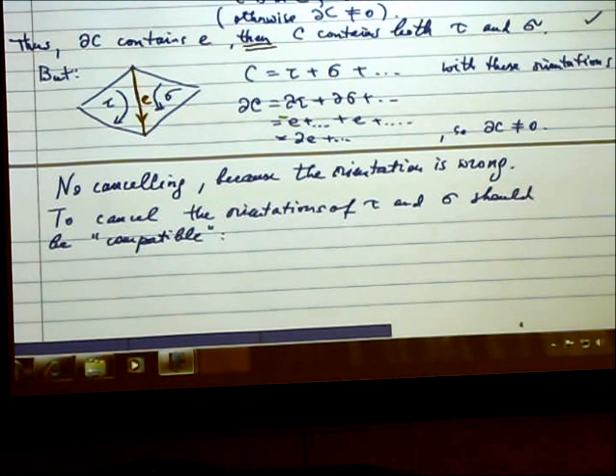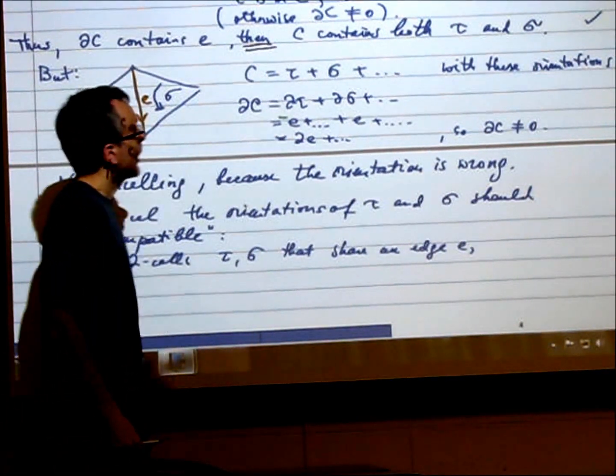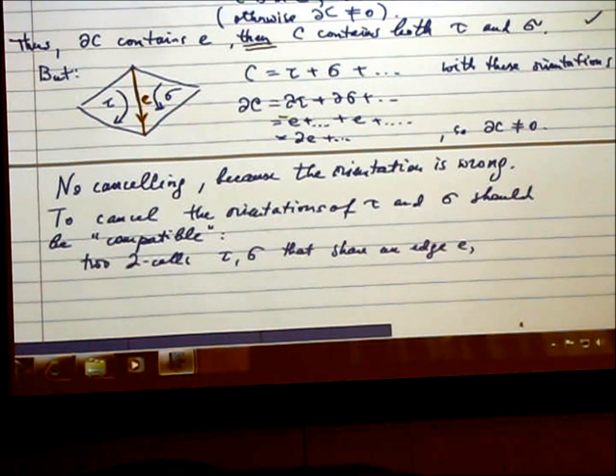And we know what it means exactly, right? So two cells that share an edge, then they should appear in C. We are not talking about the orientation of the complex, because homology is independent of the orientations of the complex.